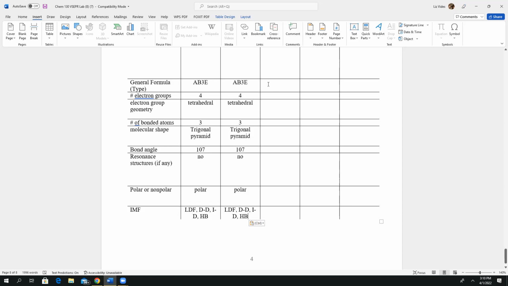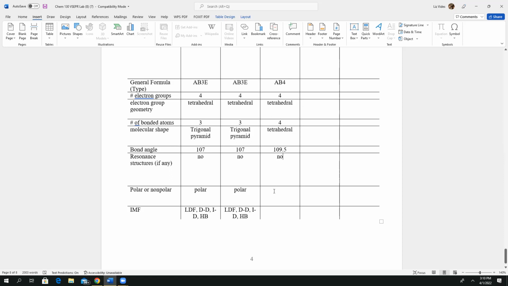Now, this is funny because this is an AB4 because it has 4 things. The electron group geometry is tetrahedral, but also the molecular geometry. The angle is 109.5.